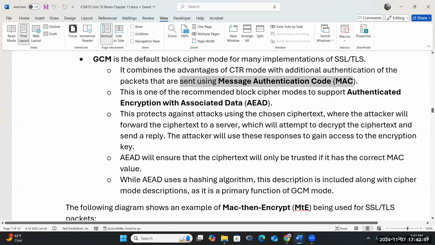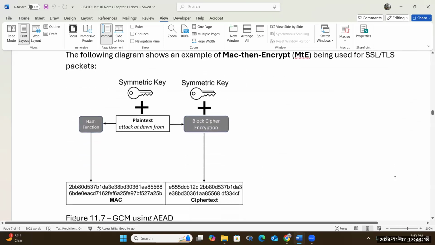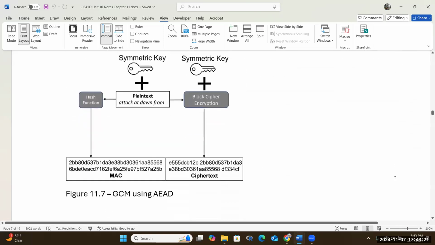So ideally they can do this remotely through the technology. So AEAD ensures that your text is trusted and the proper MAC value is sent. So this is your GCM.